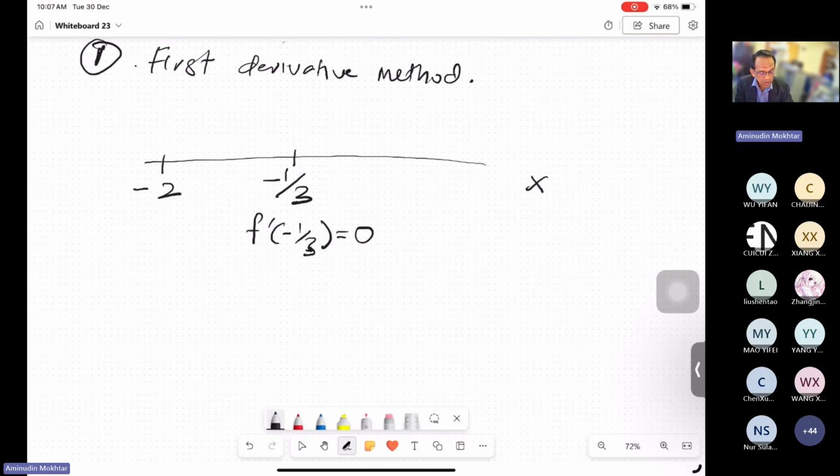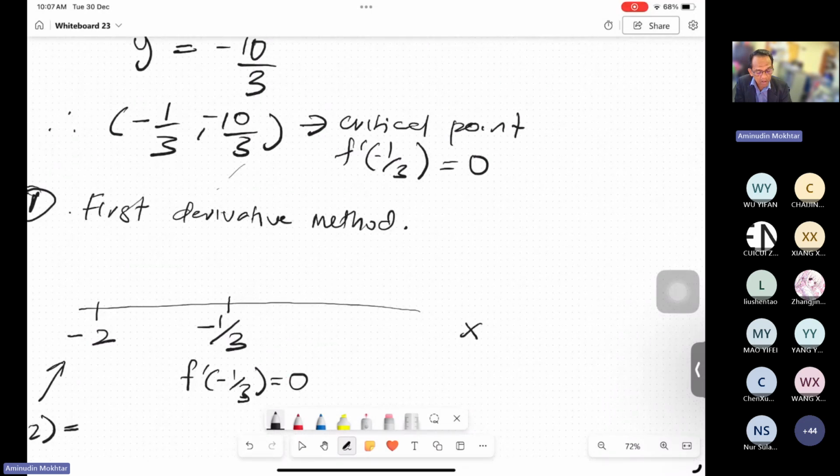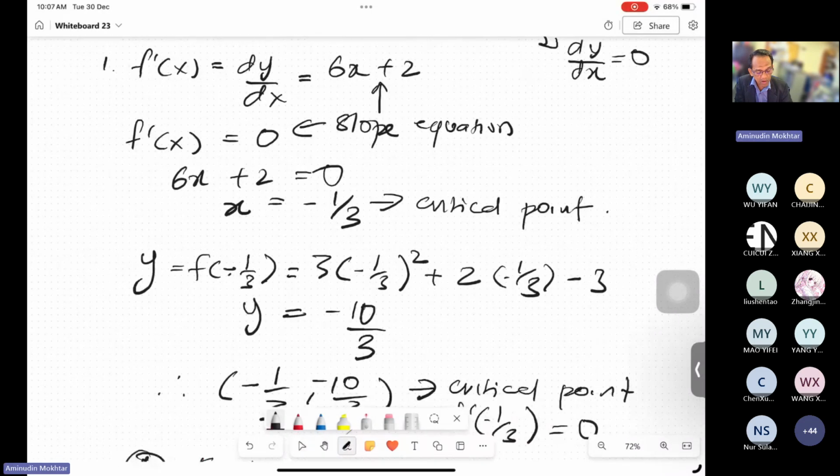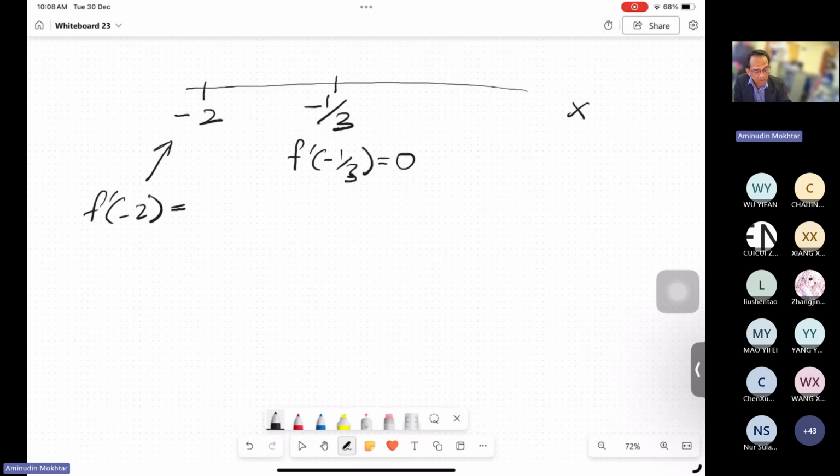So I need to find the value of the slope when x equals -2.